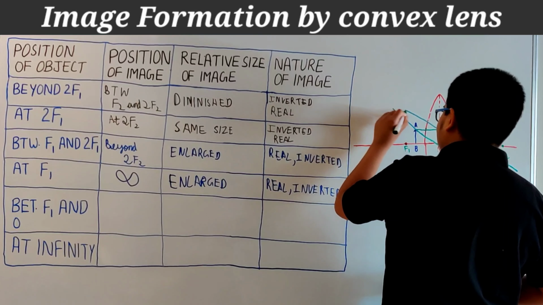Here we are having an incident ray that is parallel to the principal axis. Now, as you know that a concave lens is a diverging lens, so this ray will diverge. And when it diverges, you will see that it appears to be coming from this focus point. So it appears that it is originating from this focus F1.